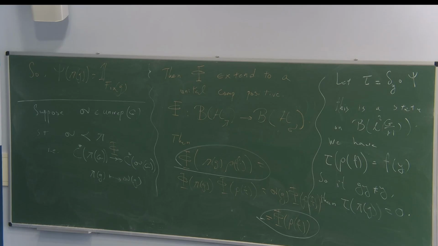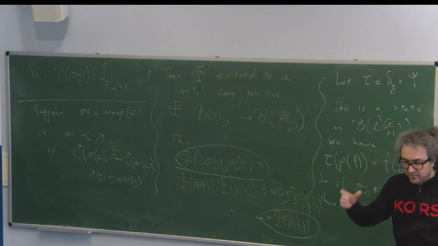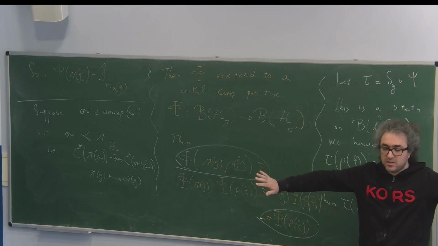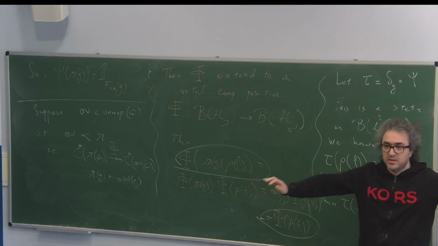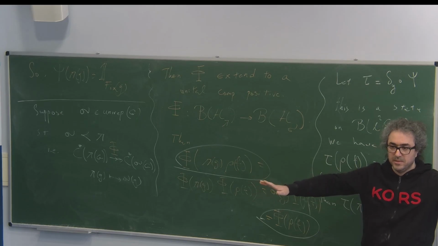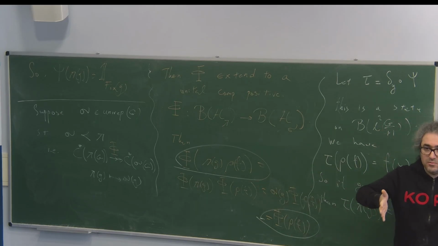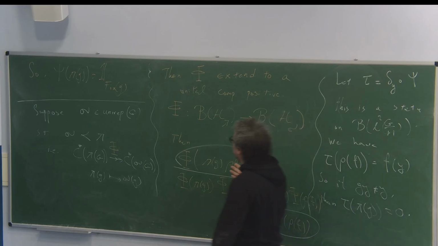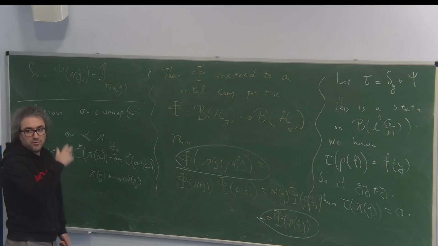The fact that I have a copy of the continuous functions on the boundary, an invariant copy inside B of the Hilbert space, allowed me to show that outside of these fixed points I'm 0. That's very general. That's what we did yesterday. To say that inside I'm constant 1, I needed this equation. Whenever I have this equality, I can prove to you that inside the fixed point you're constant 1. Whenever I have a copy of the boundary, I can show you outside that I'm 0. And for this representation, sigma, I have both.